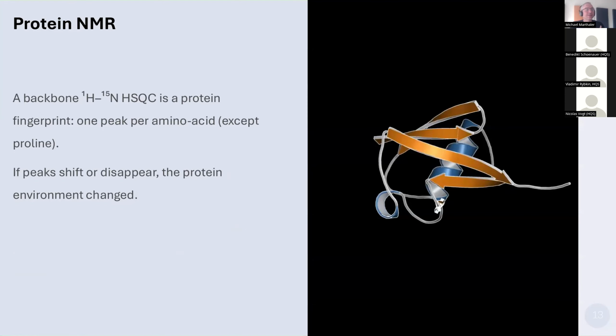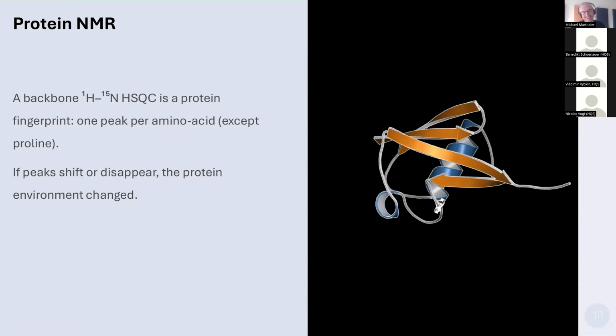Now, since not everybody here is probably deeply involved in protein NMR, let me first give you a feeling of what we are doing. We look at a protein called ubiquitin. This is a typical protein for purposes like giving a webinar or writing a paper on methods.